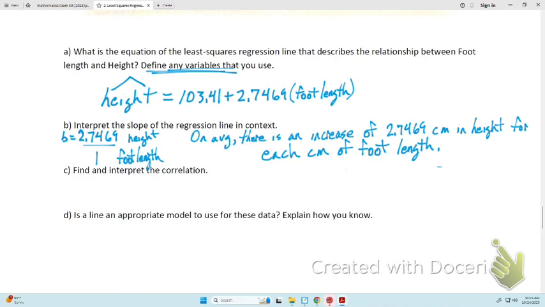For every 1 centimeter increase of foot length. That's another way to write it.